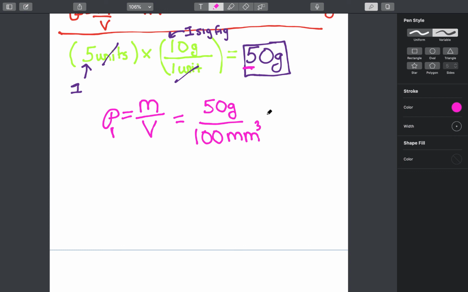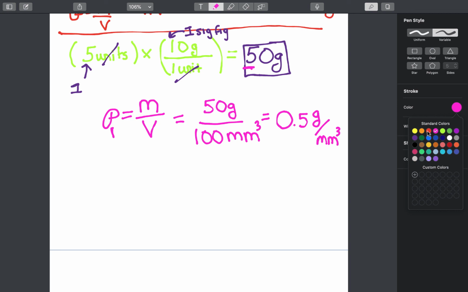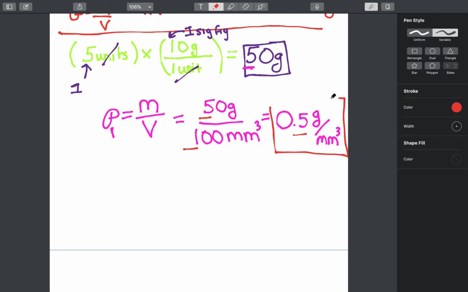Therefore, the density is 0.5 grams per cubic millimeter. Now let's just make sure we have the correct number of sig figs so far. So we have 1 here, and 1 in our final measurement. So this is our density in the original vessel.